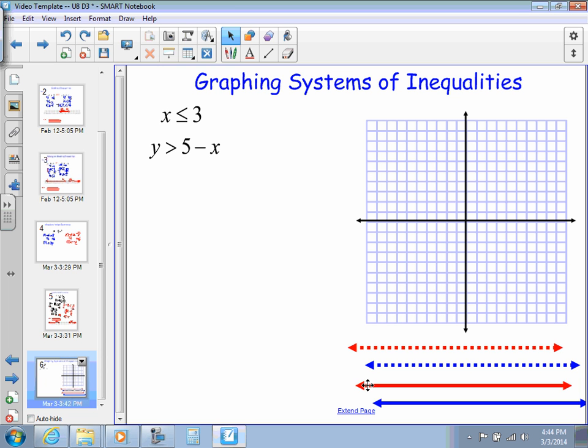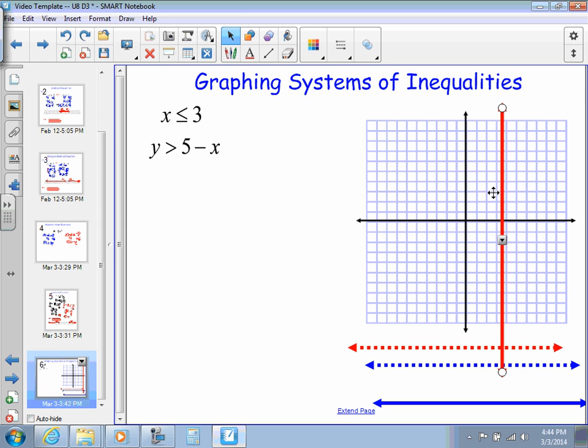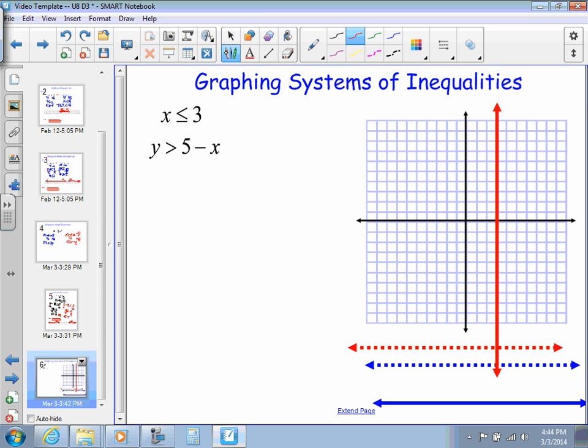So first of all, if it was x is equal to, that would give me a vertical line. So first thing is I need to make this thing vertical. And then it's 3. So I need to move it over to 3 there. Okay. So there's my first line. And this says x is less than or equal to 3.